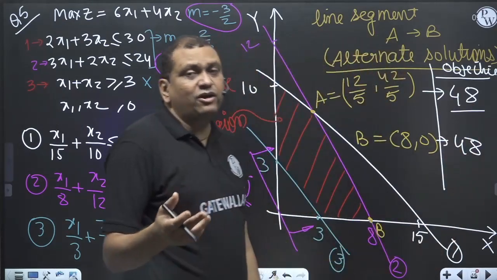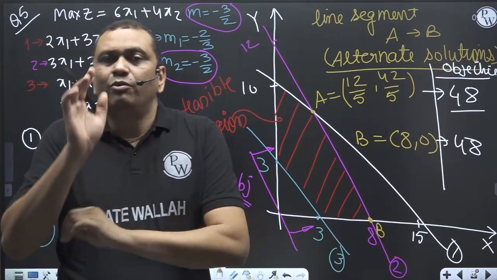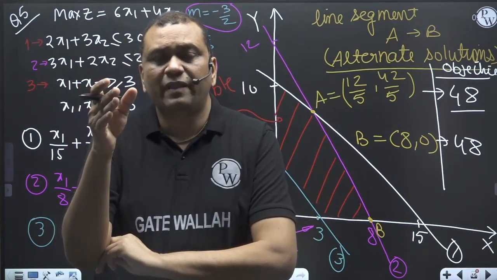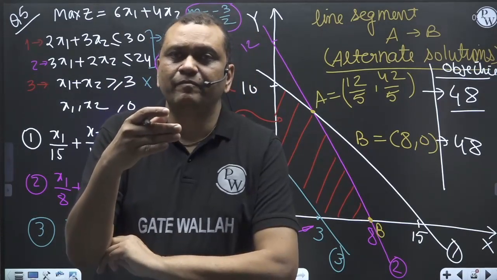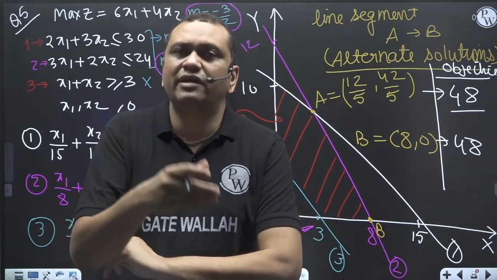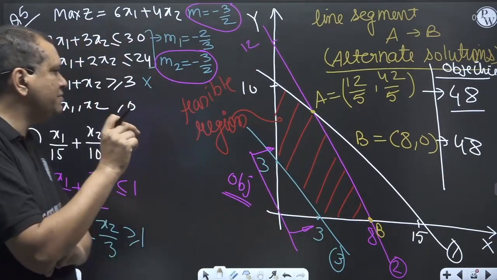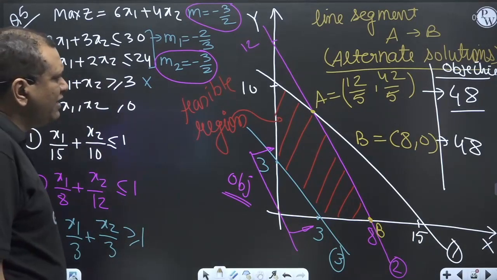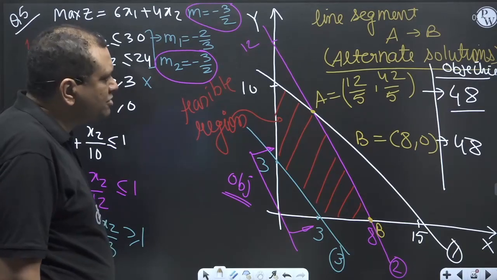Because that is the meaning of alternate solution. There are alternate optimum solutions. When will we get alternate optimum solutions? When the slope of the objective function line matches the constraint line, we will get alternate solutions.